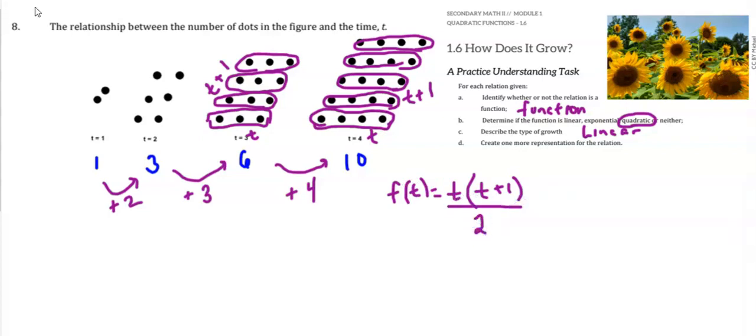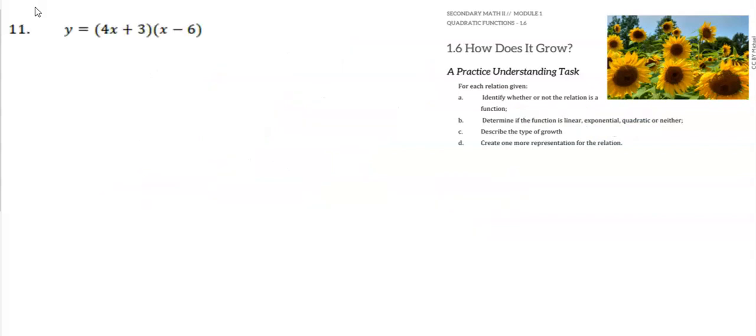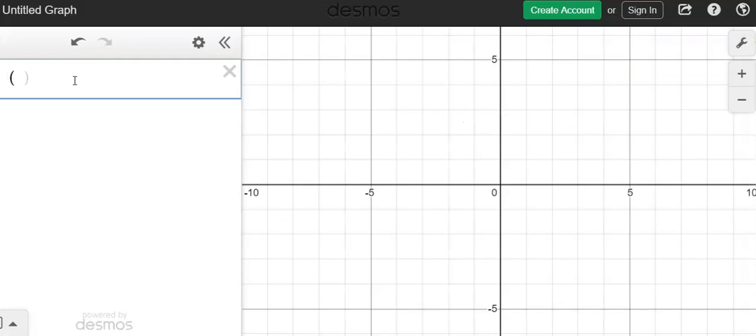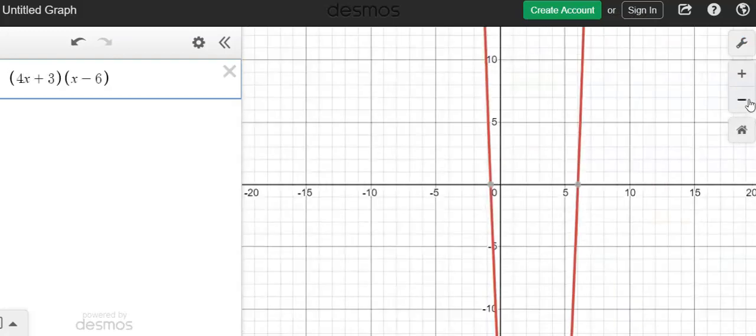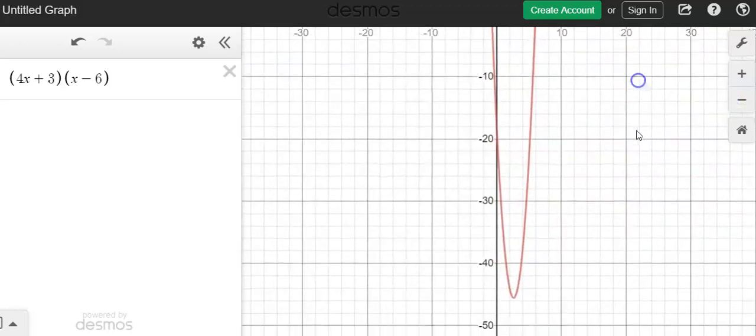All right, let's look at one more question. Here in number 11, I have the product of 2 linear factors. So I already know automatically that this is quadratic. Let's go to Desmos and create a table and a graph. So on Desmos, I'm going to type in the equation as it's written, and I'm just going to zoom out a little bit and scroll.